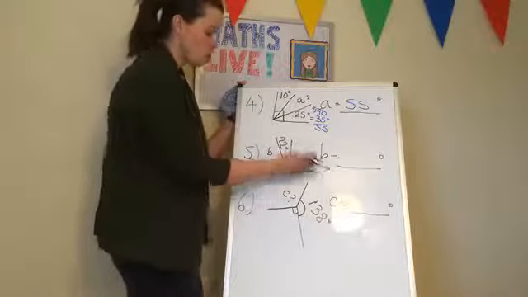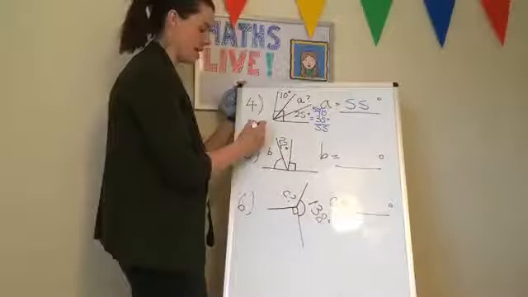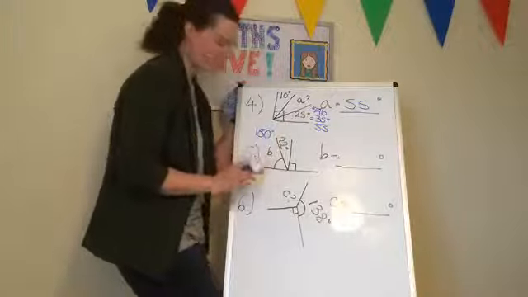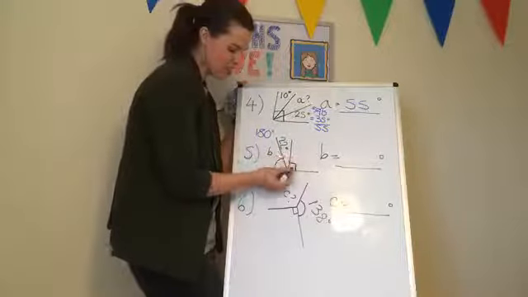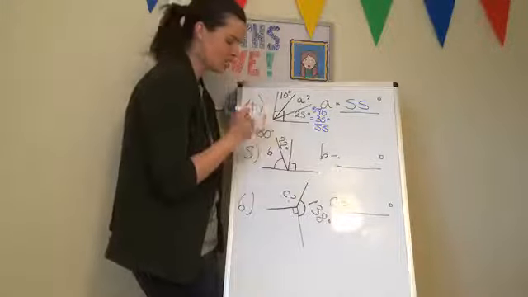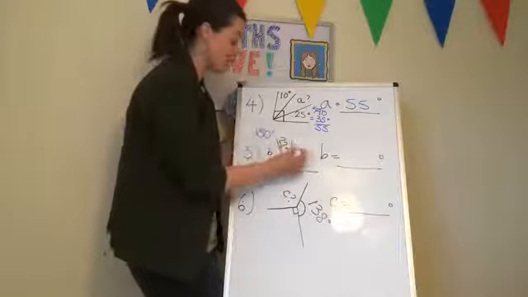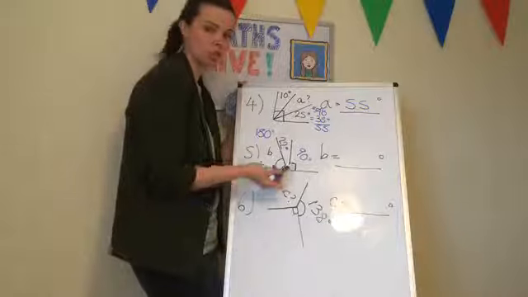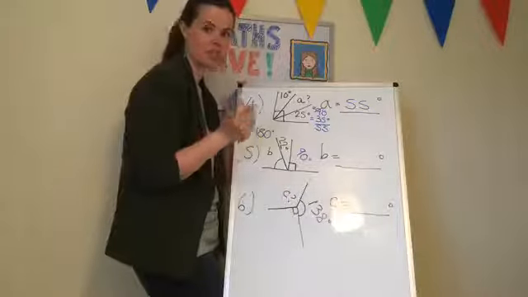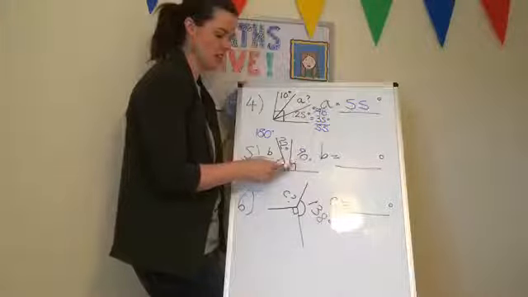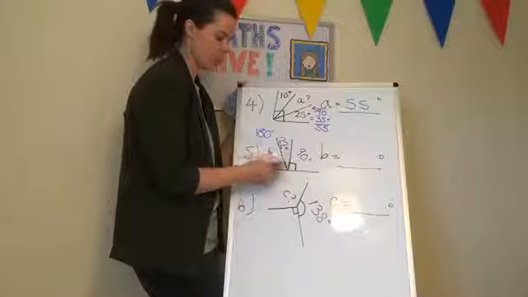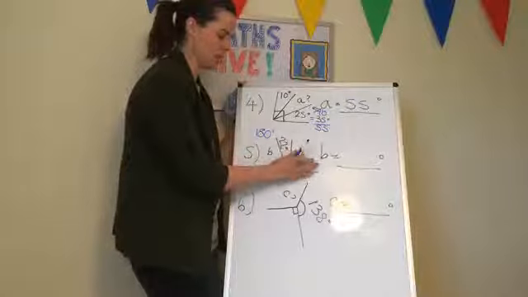With this one, we know the whole thing is 180. I was trying to hint to you, if you look very closely, this is a square here. So it's secretly told us, it didn't need to write that it's 90 degrees. You'll have to spot that when you're in year 5 and year 6. You need to remember. So that's 90, that's 22, and we're looking for a full 180.